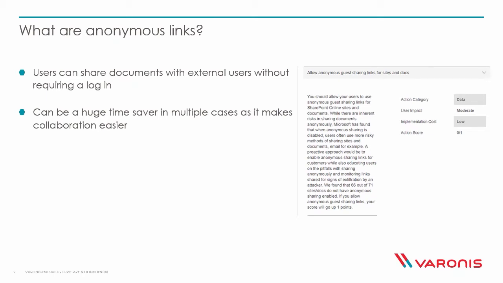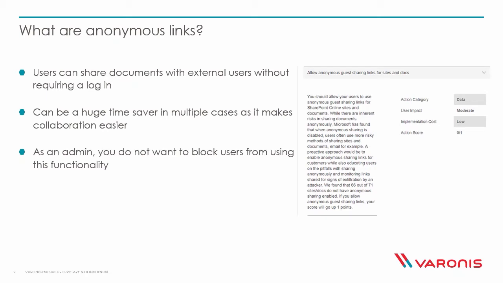As an admin, you don't want to block users from using this functionality because it would stop them from being productive. And even from an Office 365 security standpoint, Microsoft recommends that you turn it on. The screenshot at the right part of this slide is a screenshot from the Office 365 Secure Score.